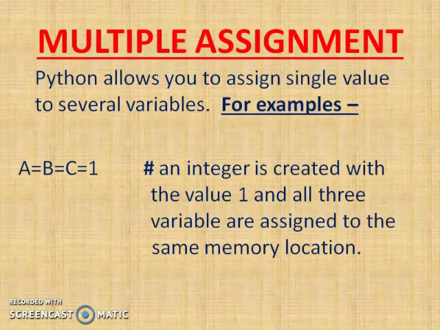Now multiple assignments. Python allows you to assign single value to the several different variables. So we can do it in a single line or in a single statement. See how. Here I am writing a is equals to b is equals to c is equals to 1. Means all these three variables are assigned by the same value, that is 1. And all these three are indicating the same memory location.